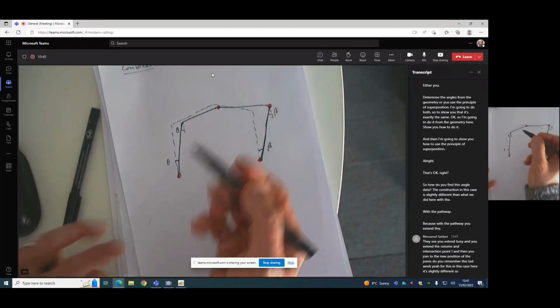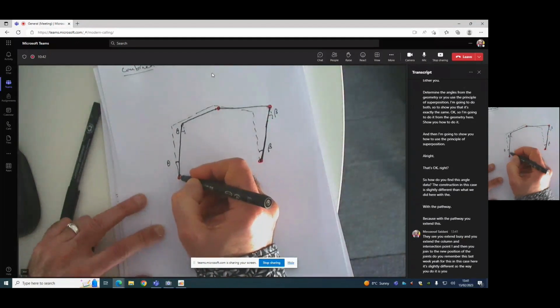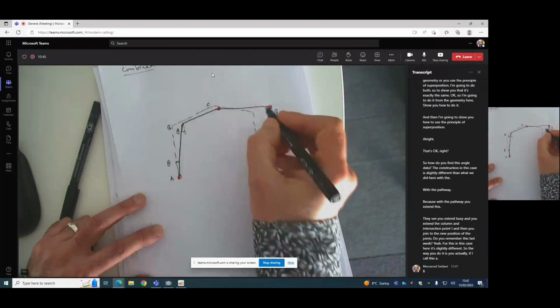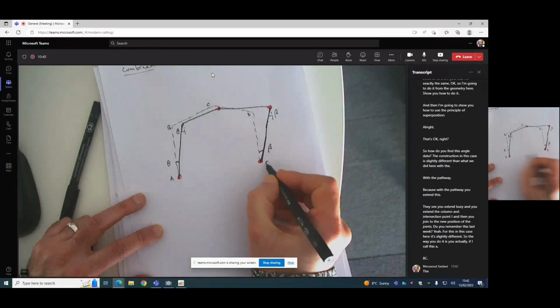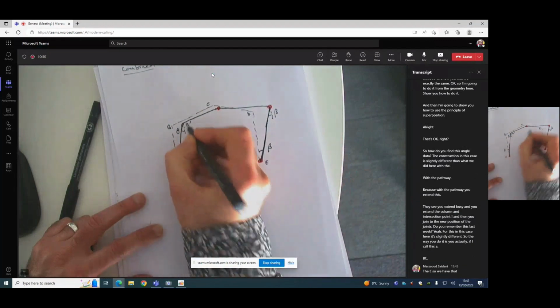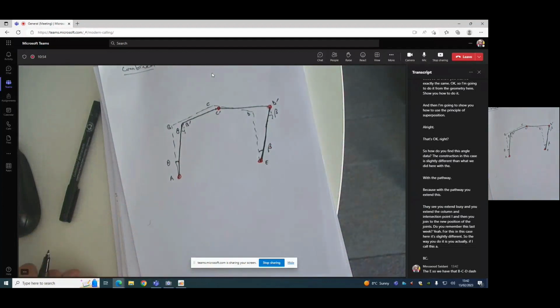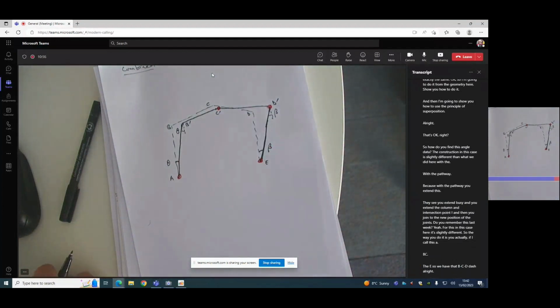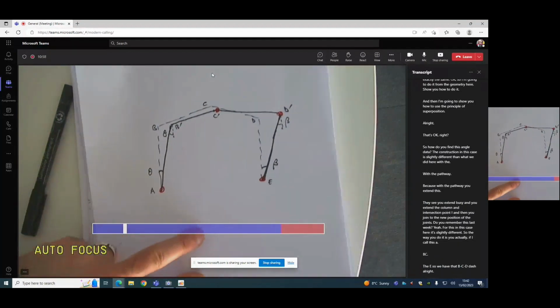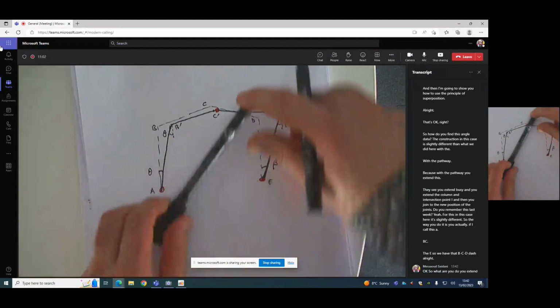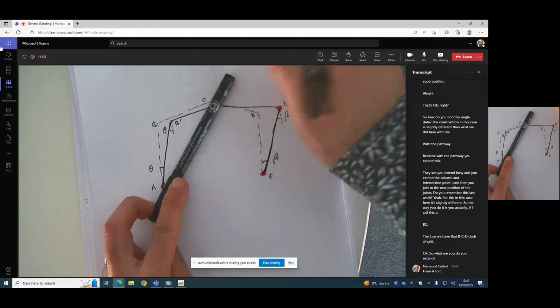So the way you do it is, if I call this A, B, C, D, E, so we have B dash, C dash, D dash. All right. Okay, so what you do, you extend from A to C, right? Can you see here?